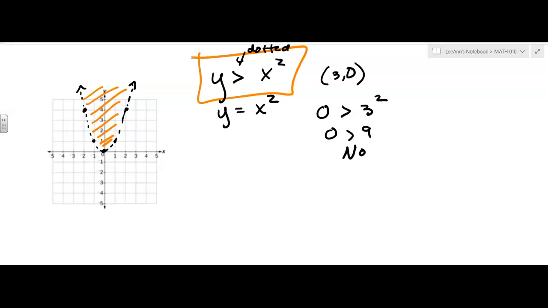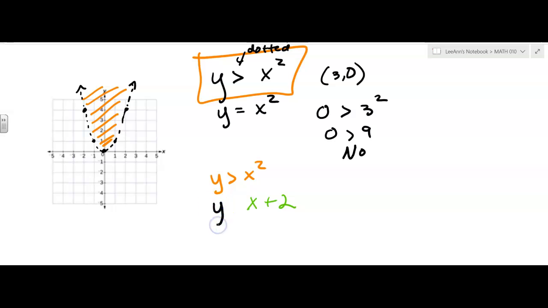But what if you had another equation, so you had a system? You had y is greater than x squared, but then you also had a line. It doesn't have to be nonlinear, you can have a parabola and a line.